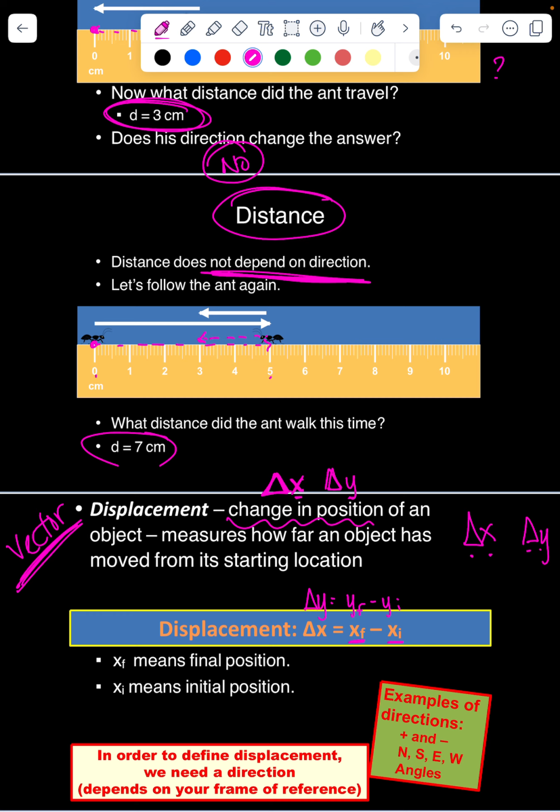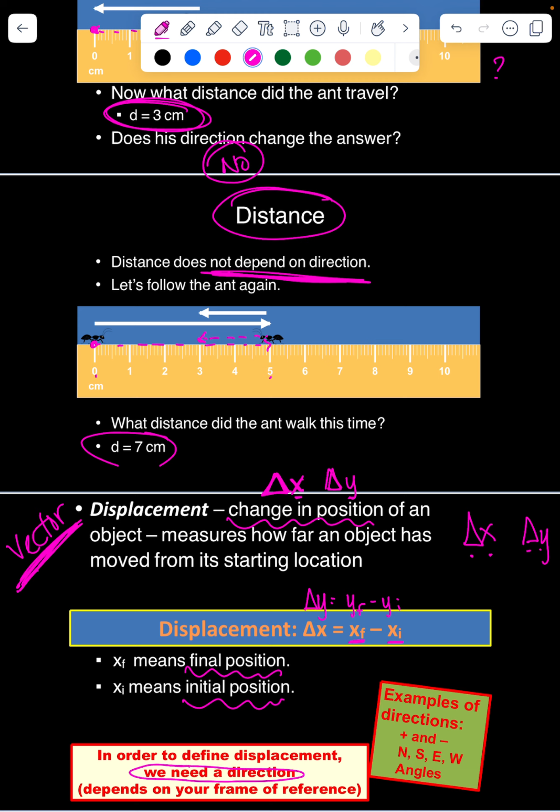So x and y are both positions, but remember, the only two things that displacement takes into account is your final position and your initial position. Unlike distance, distance takes your entire path into account, and displacement only takes your initial position and your final position into account.